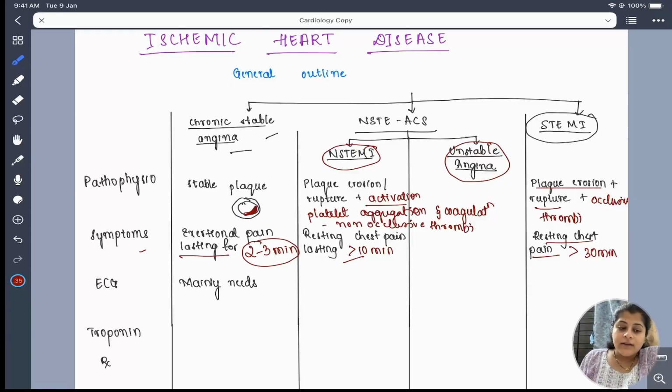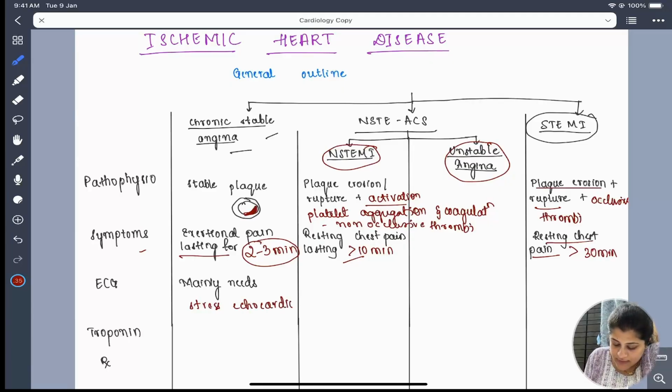Now the next difference is, I told you in stable angina the patient is having ischemia only during exercise, so you won't be able to detect ischemia if you take a resting ECG. You will always need a stress echocardiogram or other stress scans, such as stress perfusion scans.